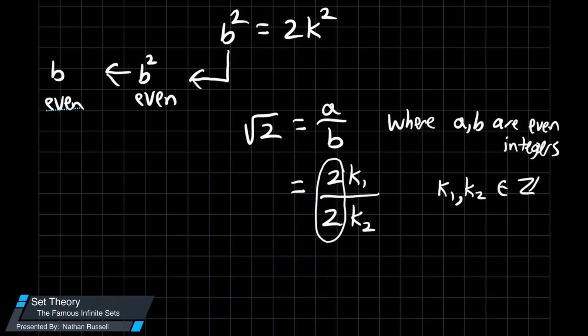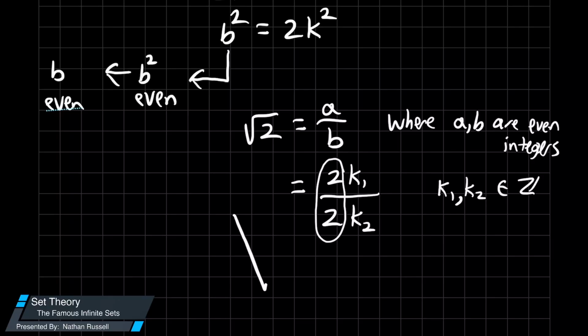So how could it be fully simplified, but also contain a common factor of 2 in the numerator and the denominator? So a over b is fully simplified, but it's equal to 2k1 divided by 2k2, which means we could simplify this further by removing the 2 out of the numerator and the denominator.